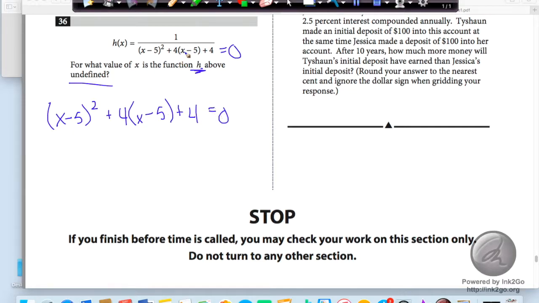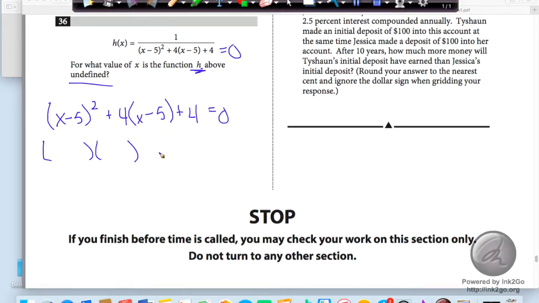Now I can solve for x, because that's what it says, for what value of x. Knowing that when this is undefined it's going to equal 0, I want to solve this and isolate x. Now, if I have x minus 5 squared, I'm most likely going to want to FOIL that out.